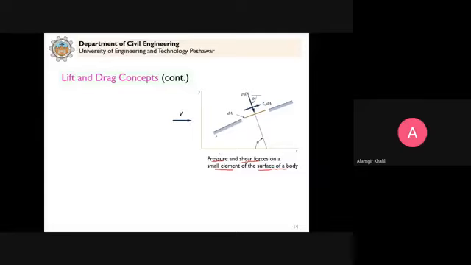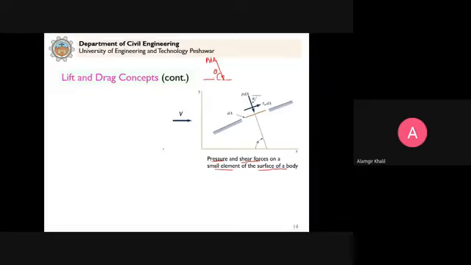For example, if I just try to draw it here, this is the component PdA. This is P, the pressure, multiplied by dA, which is the force. And now it makes an angle of theta. Clear?